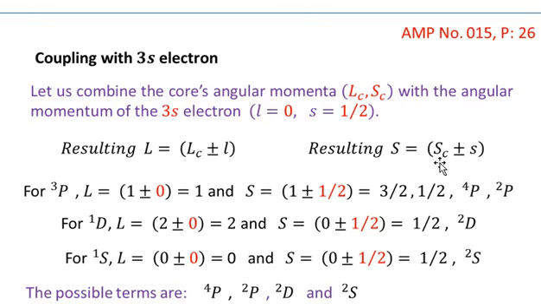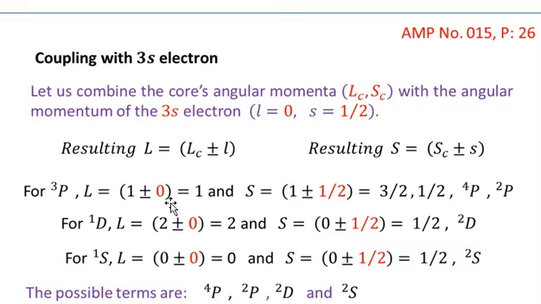Capital LC and capital SC will be obtained from 3P. So from the 3P, since the multiplicity is 3, the value of the capital S is equal to 1 that I have used over here. And since the symbol is P, the value of the capital LC is equal to 1. And this 0 value is what I have obtained from L is equal to 0, and I have also obtained S is equal to half.